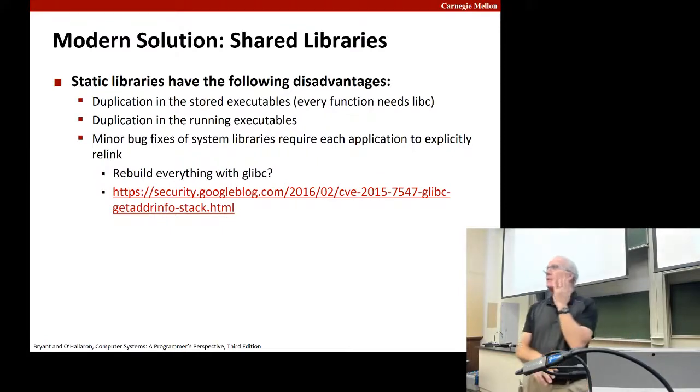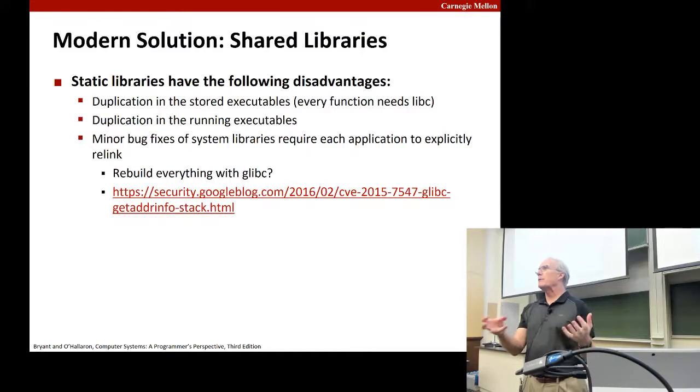There's a few problems then with these statically linked libraries. One is that you end up with bloated code. You end up with copies of the same code in a bunch of places. But a perhaps more serious one is, what happens if there's a bug in a library and somebody wants to fix it? If that library has been statically linked in a bunch of other places, then there's no way to track those down and update them. And there's stories, and there's a link here to a blog post from Google where they discovered a weakness in one of the commonly used libraries, an exploitable flaw.